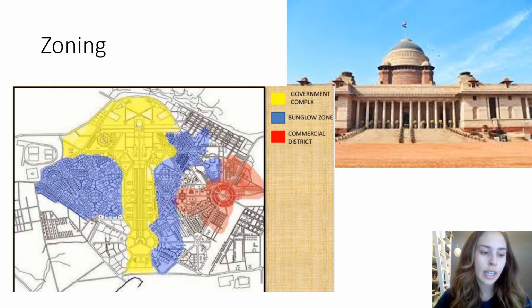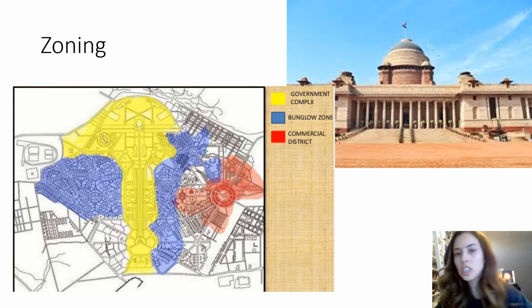Baker actually designed the Secretariat building, which houses various ministries of the government of India. And he also designed the Parliament House, which runs parallel with Rajpath.